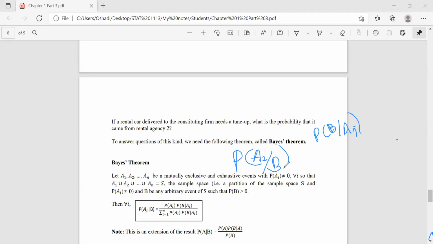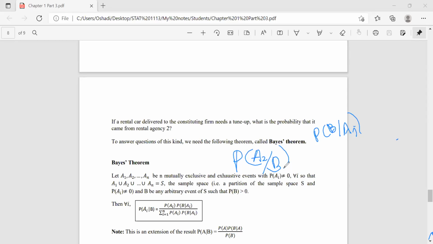Bayes' theorem says, let A1, A2 up to AN be mutually exclusive and exhaustive events with P(Ai) not equal to 0 for all i, so that A1 union A2 union up to AN equals S. That means the same information given earlier: the sample space S has been partitioned into N mutually exclusive and exhaustive events.